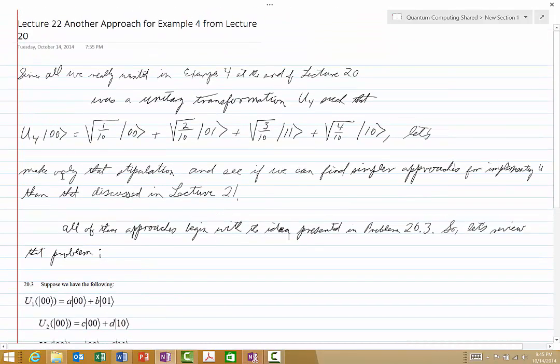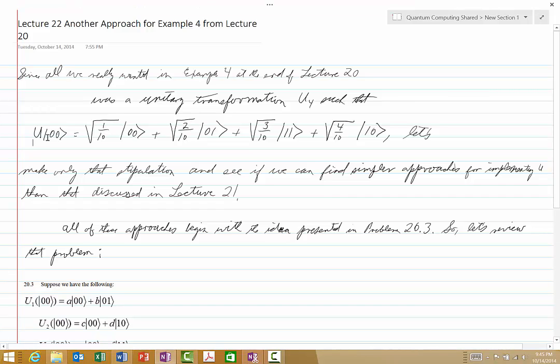So I am going to change the name of this to U instead of U4, but keep in mind that it's the same transformation that was being discussed in Example 4 from Lecture 20. That's the only reason it had that subscript of 4, because it was in Example 4.